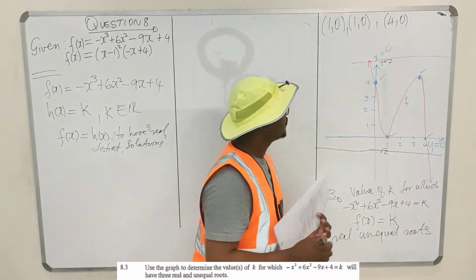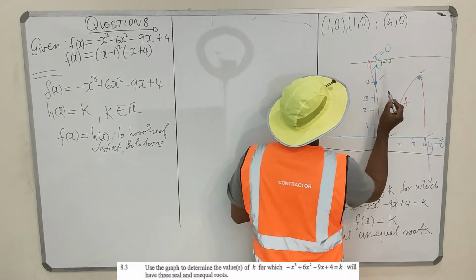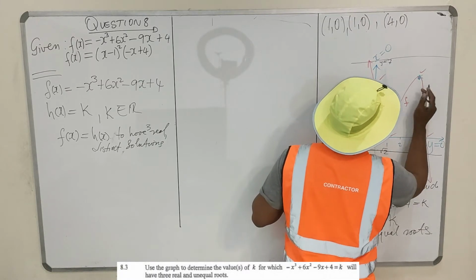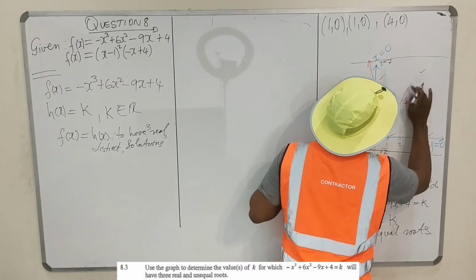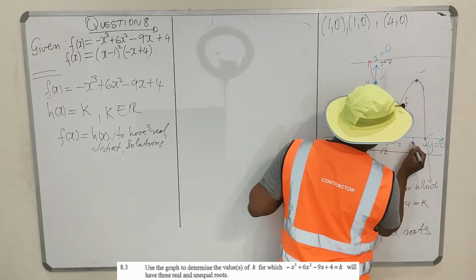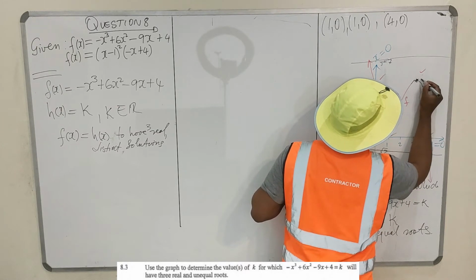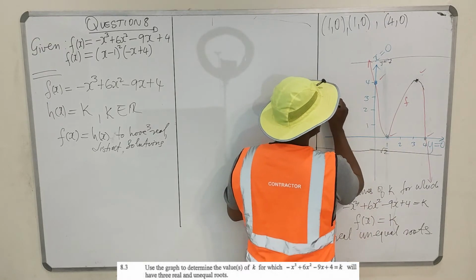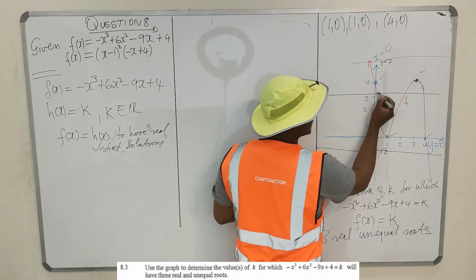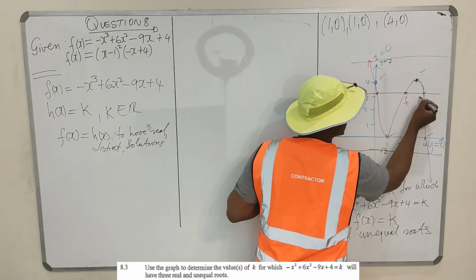Why will that happen? Which means, look here, the coordinates for the turning point are 3 and 4. So it should be turning somewhere here, maybe. Those are the coordinates for the turning point. So look, if I draw a horizontal line here, how many times is it intersecting? It's intersecting 1, 2, 3.